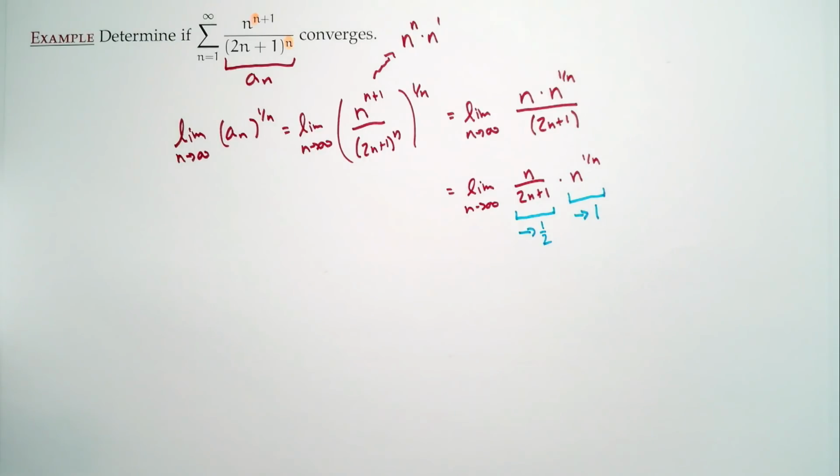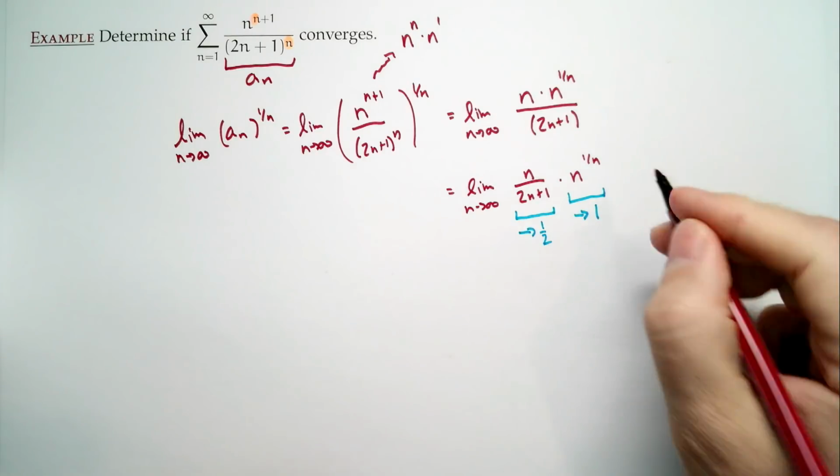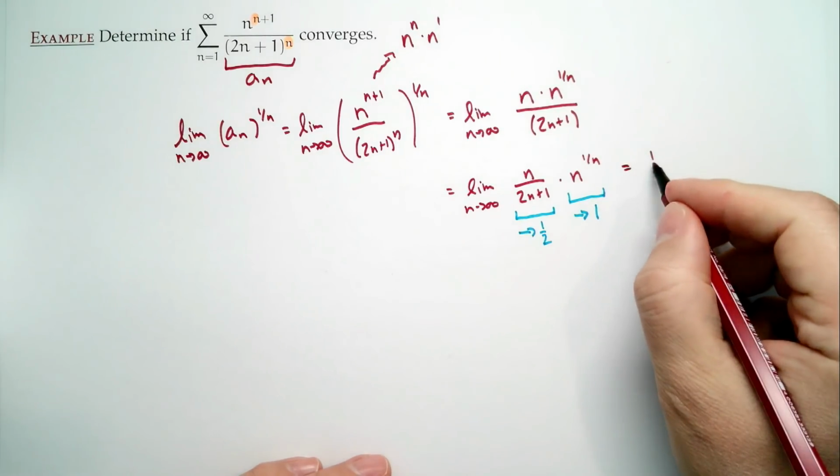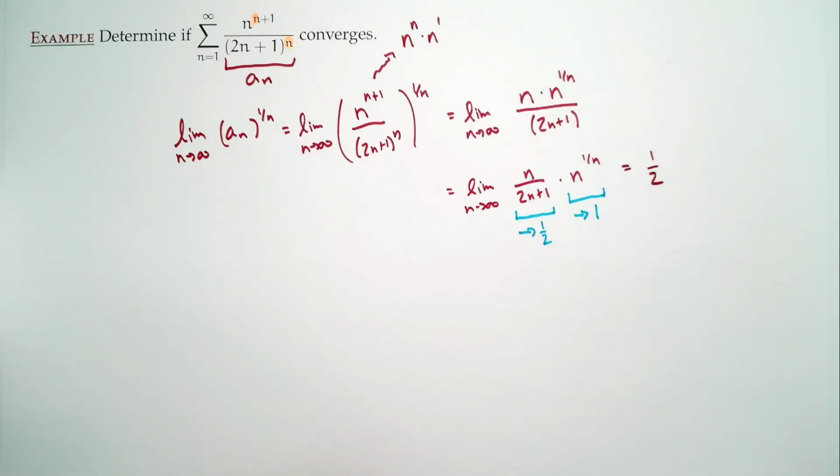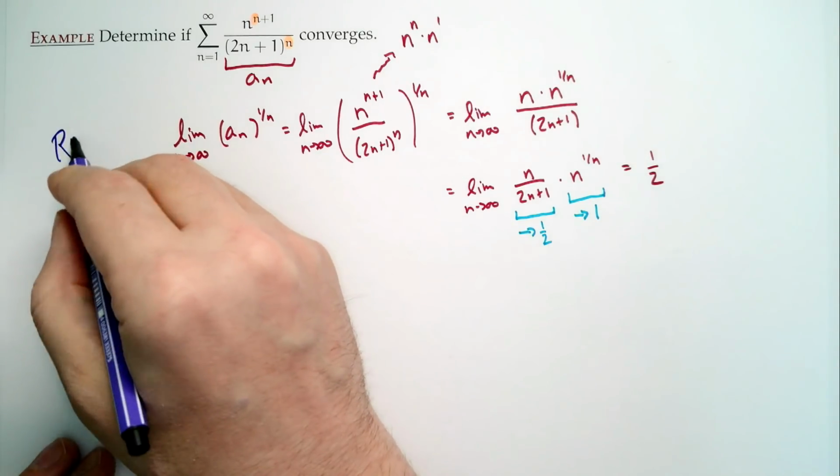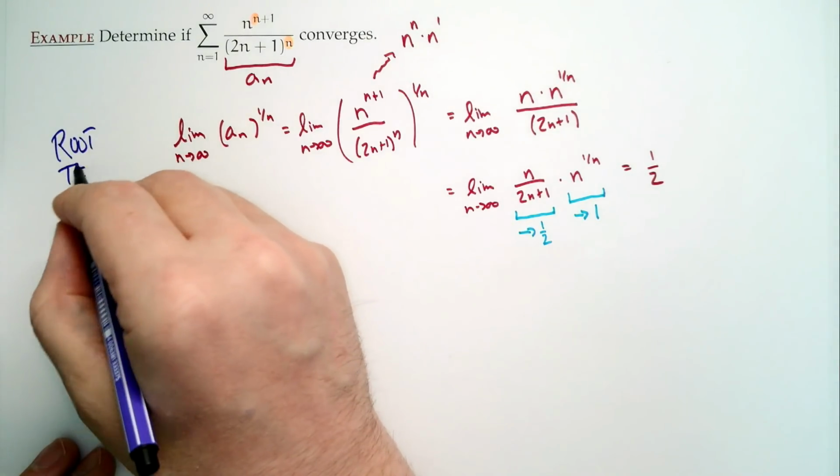Well, our limit is going to be a half times 1, which is a half. Good. Well, now, what are we doing? Well, remember what test we're in. And it's important to remember what test you're in because depending on the test, you do different things depending upon what the limit is.